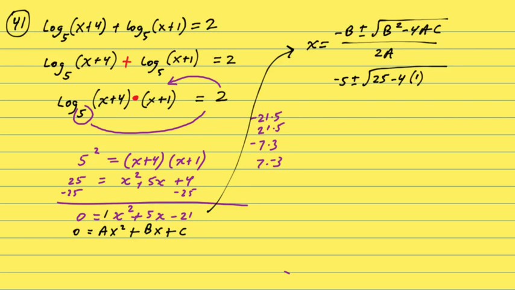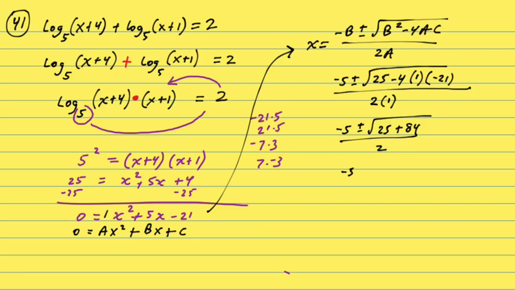For a is 1, but c is negative 21, all over 2a, which is 1. Negative 5 plus or minus, this would be 25 plus something because it's minus a negative. 4 times that is what, 84? And this is over 2. So you have negative 5 plus or minus, I think, 109 over 2.